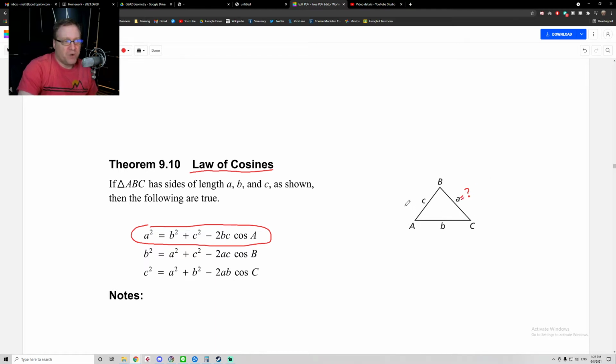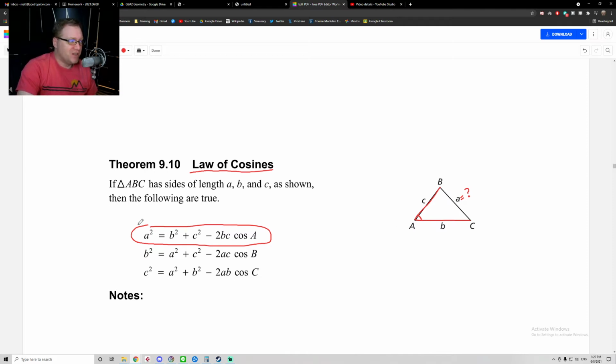Well, if I know C and I know how long B is, and I know the angle between them, then we can use this formula to find A. And the formula is that A squared equals B squared plus C squared minus 2 times BC times the cosine of A. So that's a little bit long, I know.